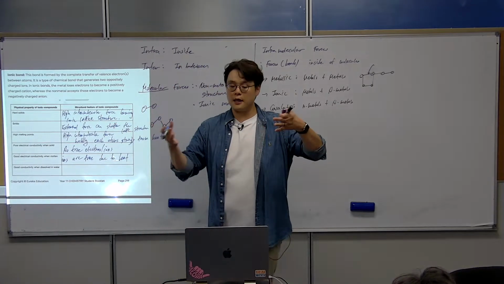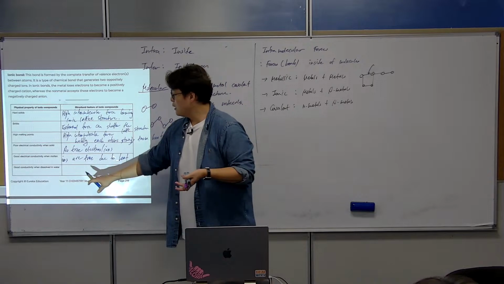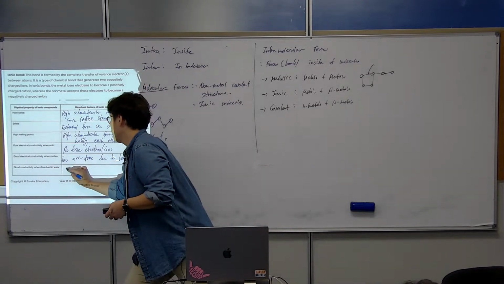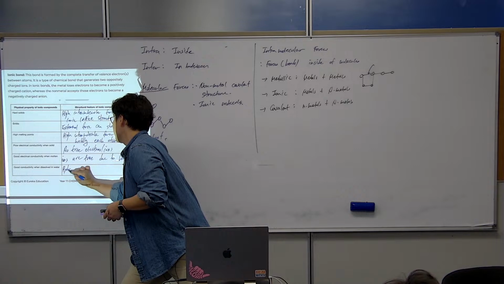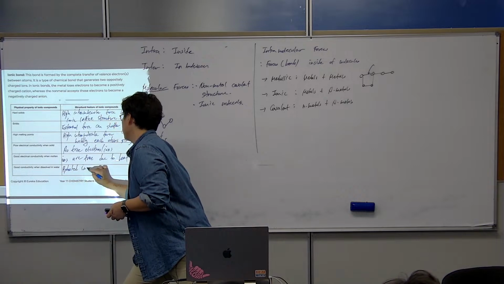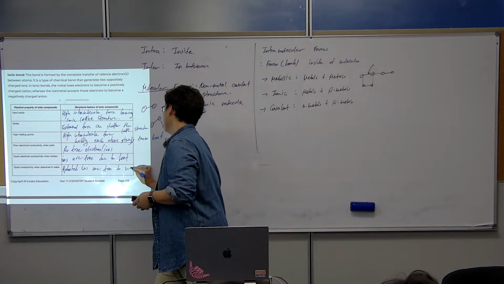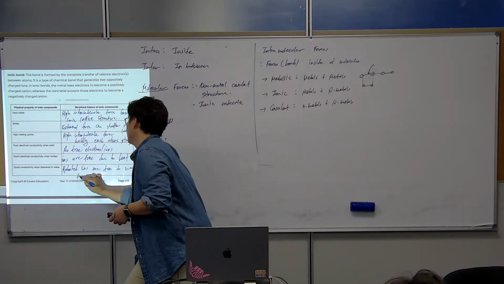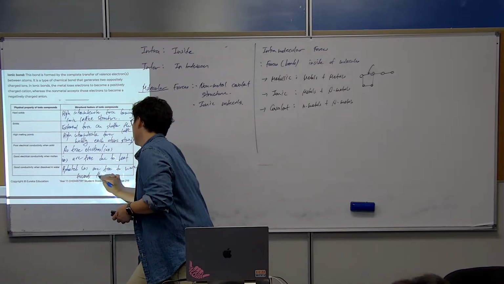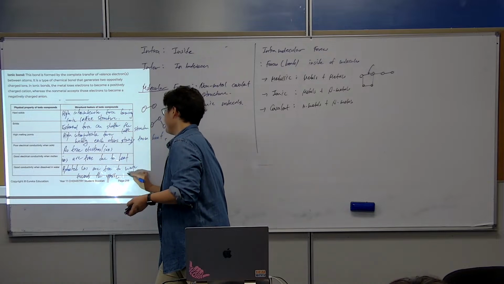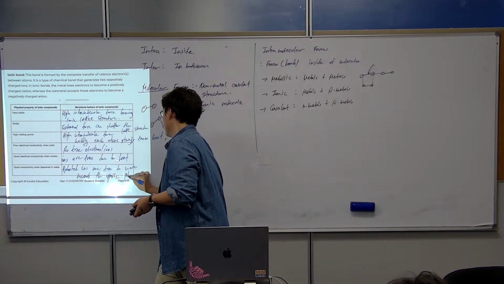Therefore, they are able to move around. Lastly, there is good conductivity when dissolved. The dissolved form, we call hydrated. Hydrated ions are free to move towards the opposite poles.